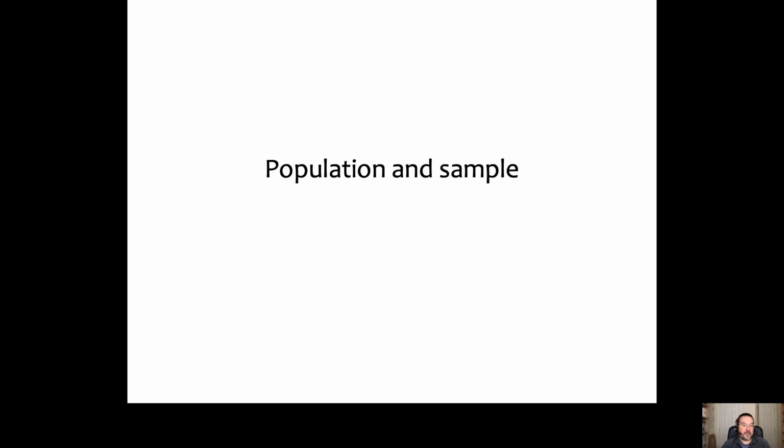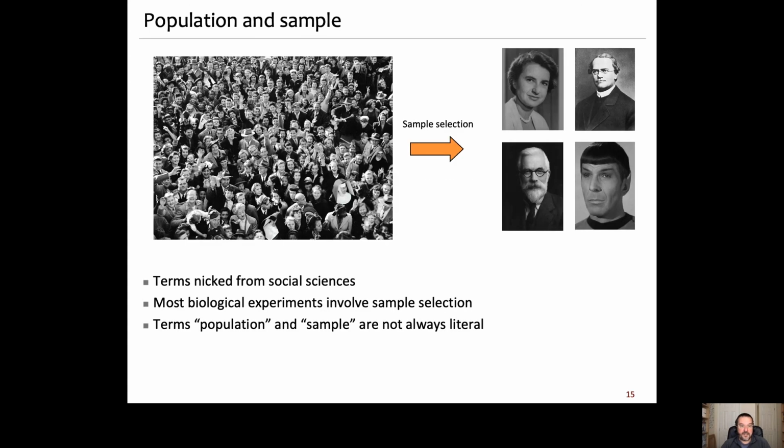And to talk about sampling error, we have to first talk about population and sample. These are concepts which are nicked from social sciences, where a population is quite literally a population, a group of people, for example, in a specific country. This is actually a nice pre-COVID picture. You can't see this anymore.